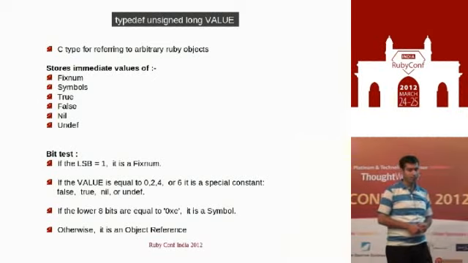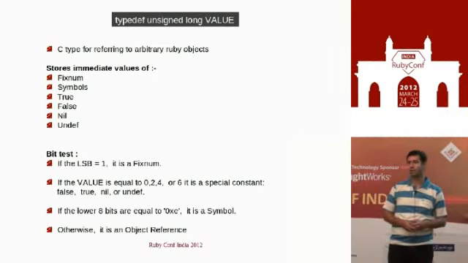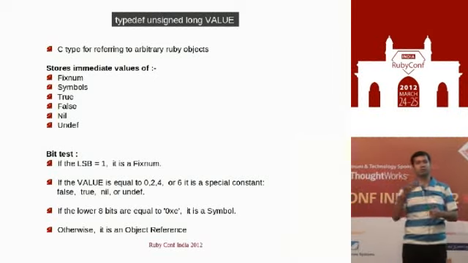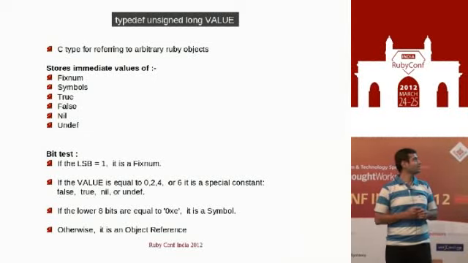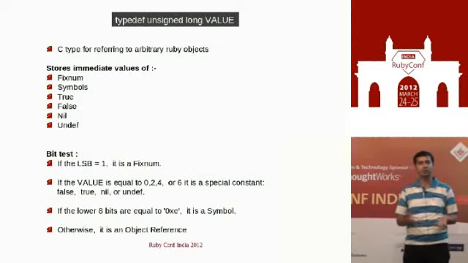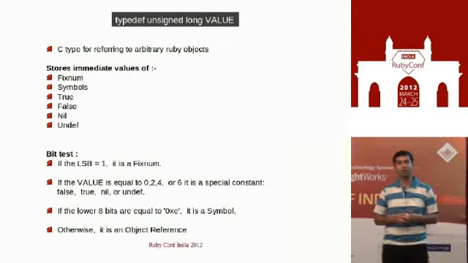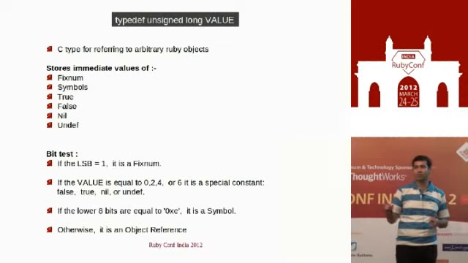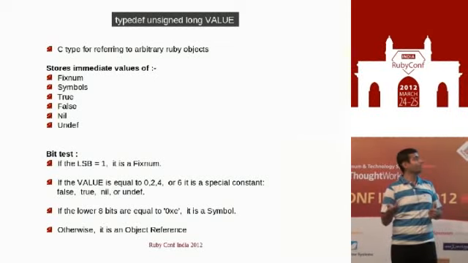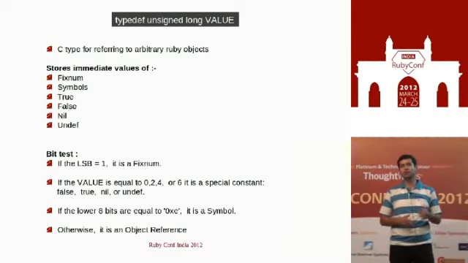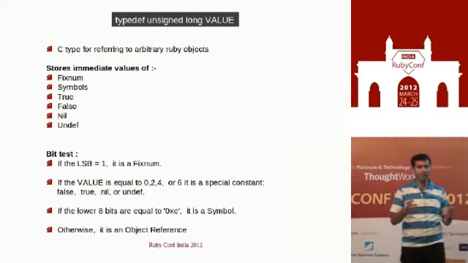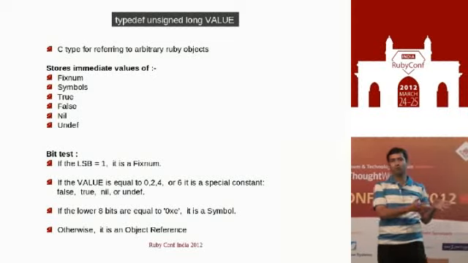But consider a case when we have some iterator variables where I want to iterate over, say, millions of integer objects. Then it's definitely not wise to create those millions of objects just for an iterator variable. Or even when we deal with the true class or false class, it is not viable to create object space for them.